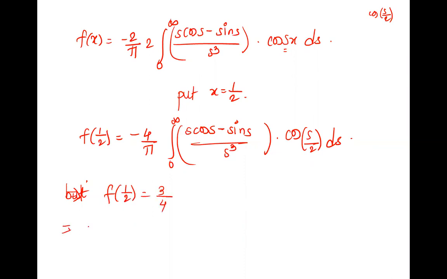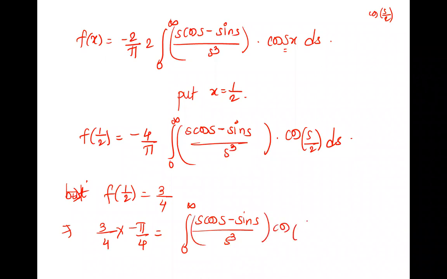So substitute here. 3 by 4, take it to the left side, minus pi by 4 is this, integration 0 to infinity as it is, cos s by 2 ds. Now this is what we need, but there is a change of variable because they have asked in x. Can I change the variable? Yes.